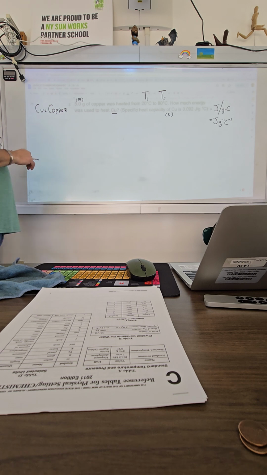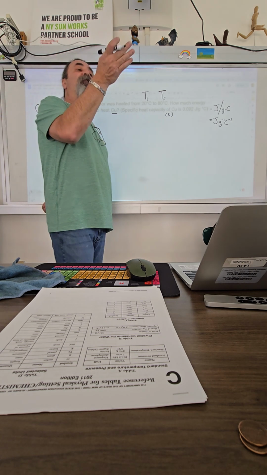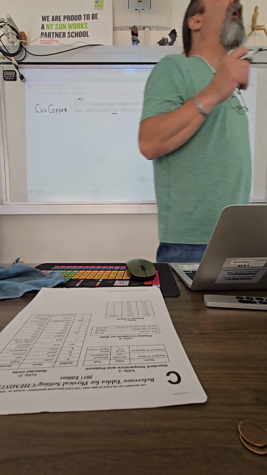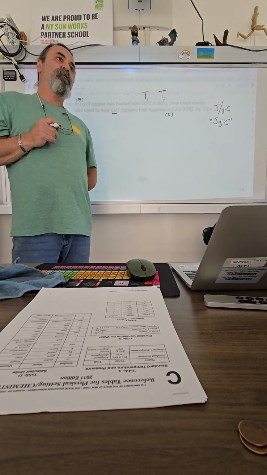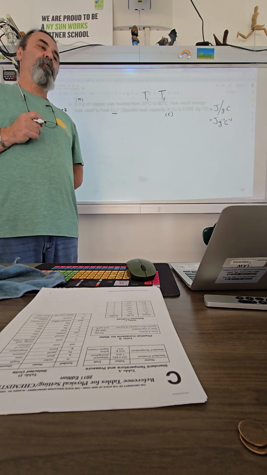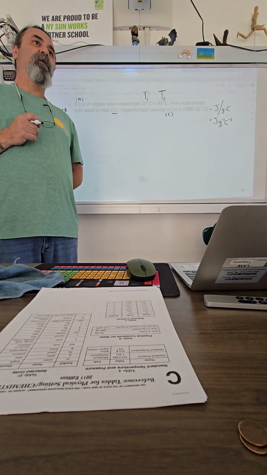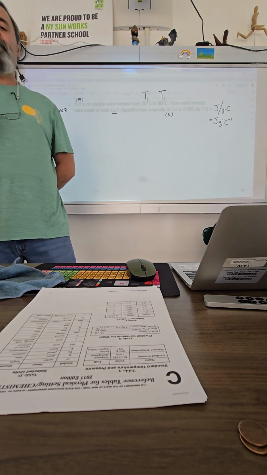We're looking for T. And then how much energy, what's the variable for energy? Based on your heat section there as well. What does it say for Q?